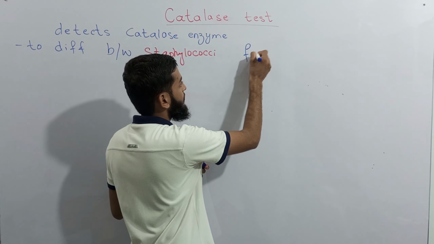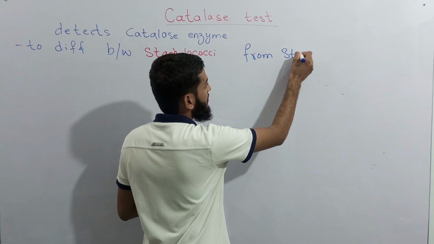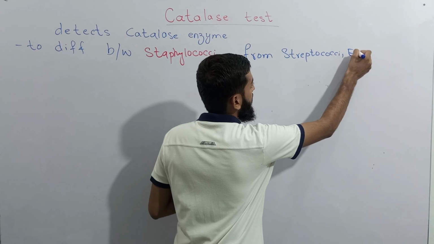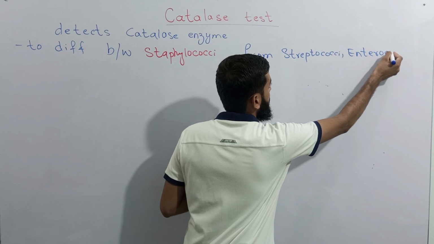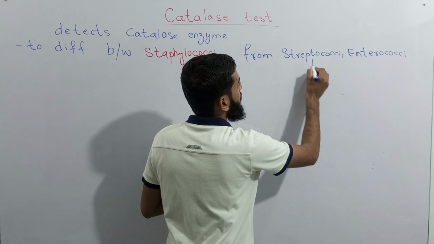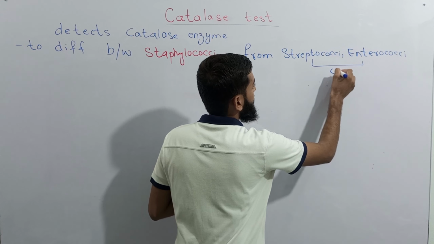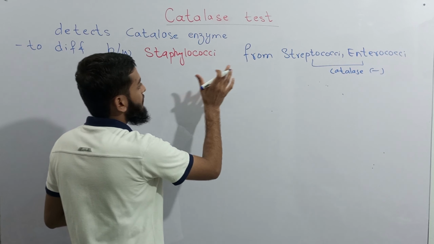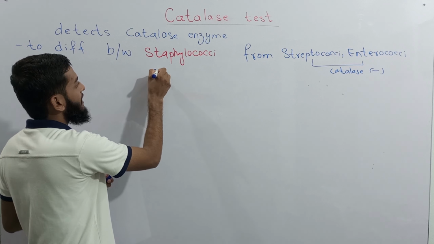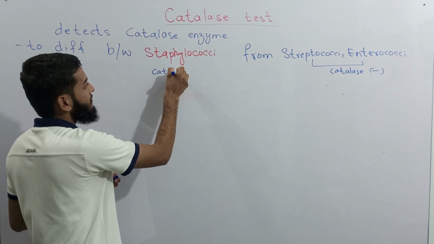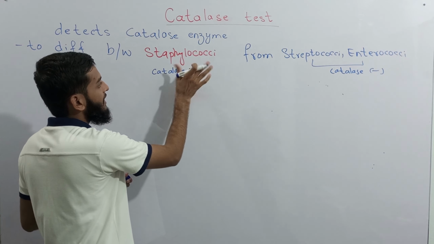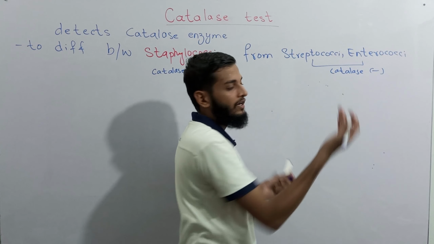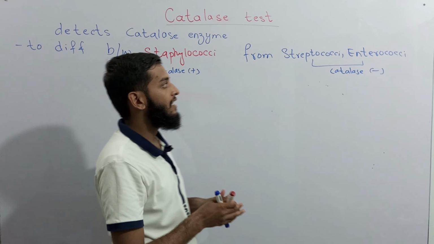That means staphylococci carry catalase enzyme with them, whereas streptococci and enterococci do not carry catalase enzyme with them.